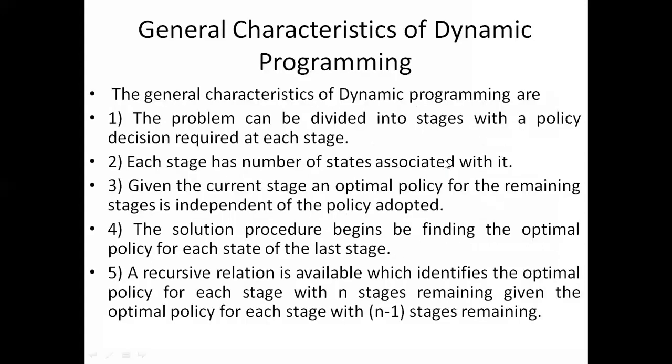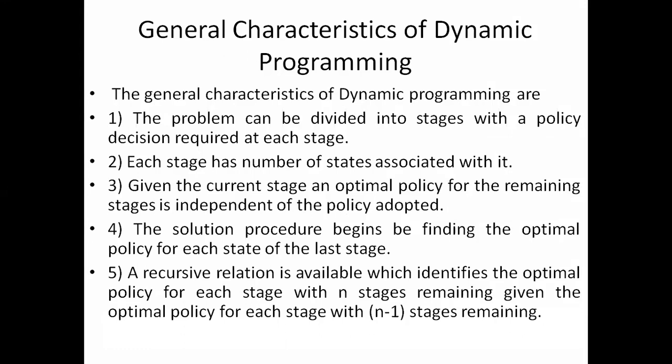And last, what are the general characteristics of dynamic programming? So the problem is divided into a number of sub-problems, and each sub-problem requires a policy decision. Okay, each sub-problem has a number of stages associated with it. And the optimal policy for the remaining stages is independent of the policy adopted in the current stage.